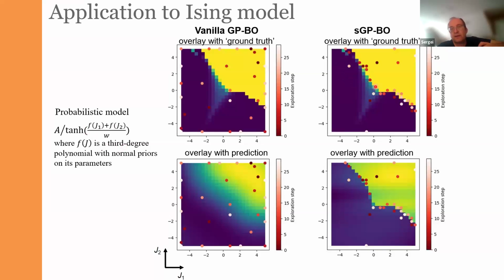And this boundary can have any shape in the plane J1, J2. So see what happened in this case. The algorithm spent most of the time discovering the boundary. Here and here, it just took a few measurements in order to say that this is okay. This is the region where magnetization is 1. This is the region where the magnetization is 0. So it is far more efficient.